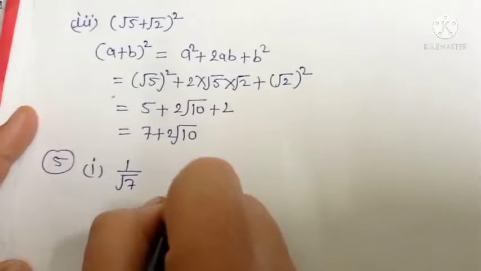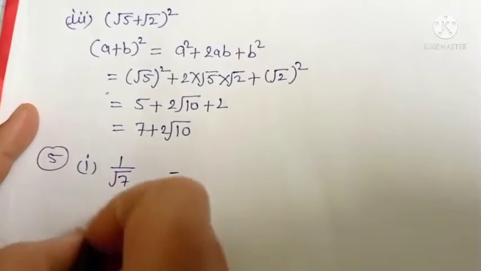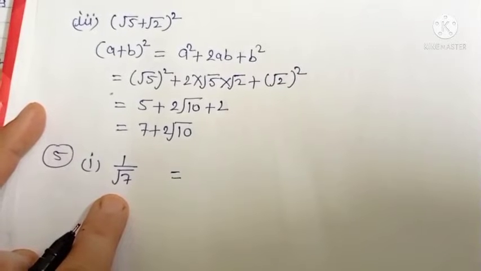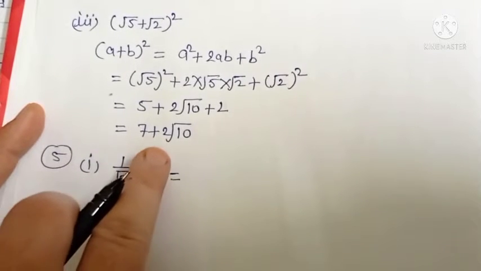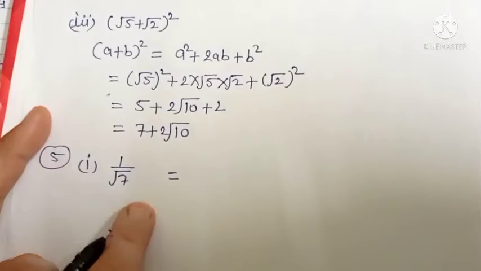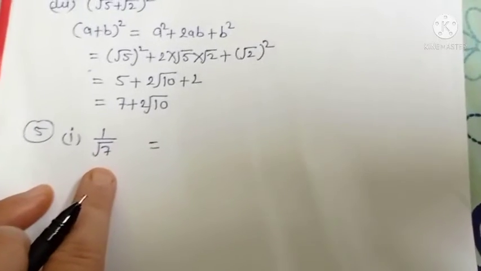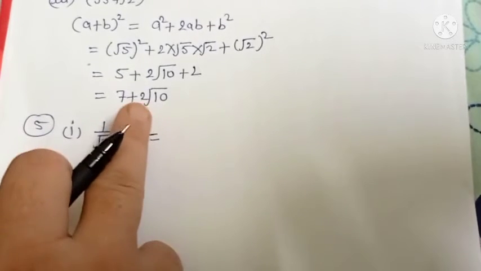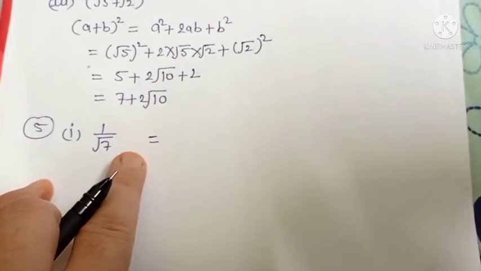In rationalization, we multiply the denominator above and below, the numerator and the denominator.